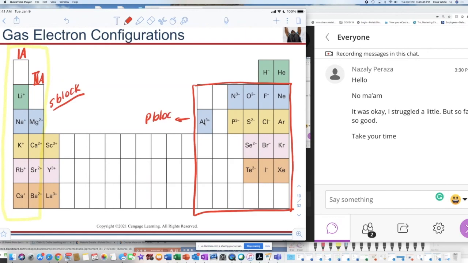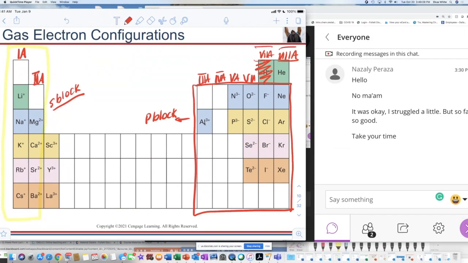The neighborhood, P neighborhood. So I got 3A, 4A, 5A, 6A, 7A, 8A. You want to be aware of the Roman numerals also, okay?